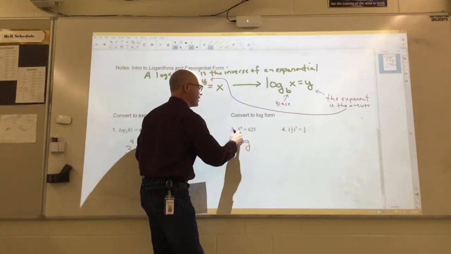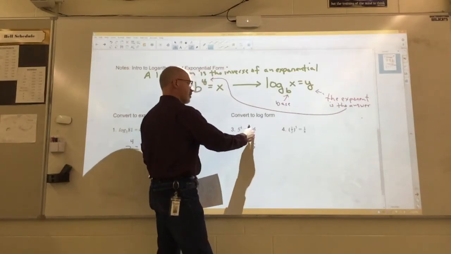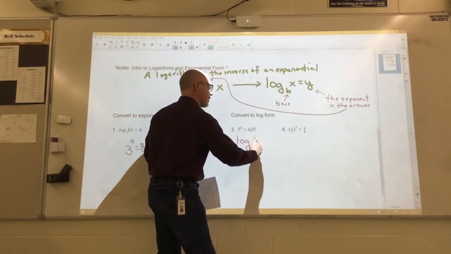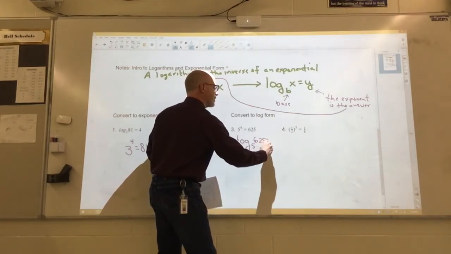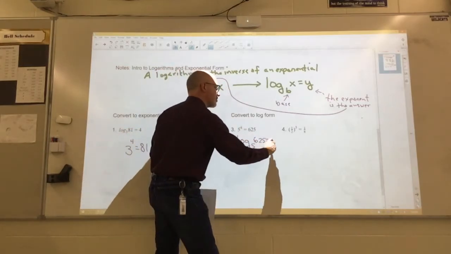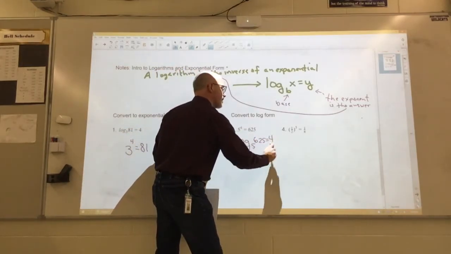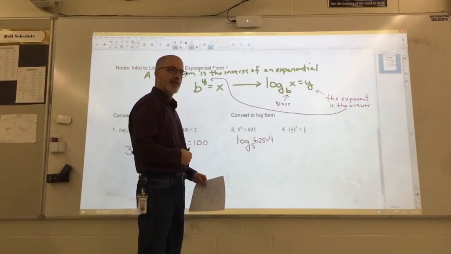Well, the base of this is base 5. You're going to take it of the 625. That answer goes on the inside of it. And that's going to equal the exponent. The exponent's the final answer to the log. So 5 to the 4th equals 625 is how we write that.